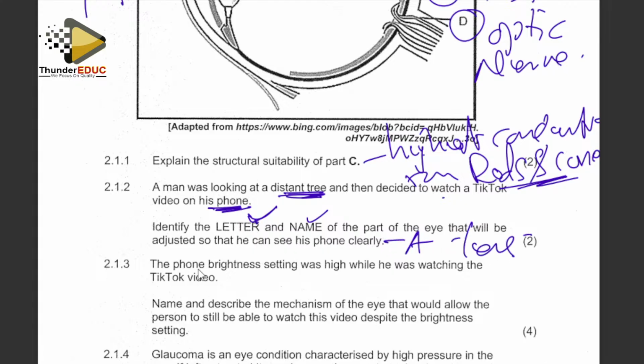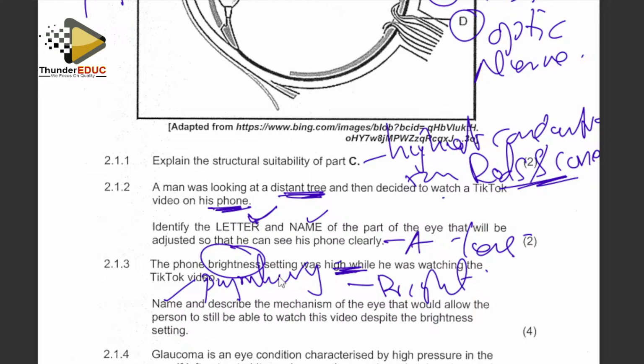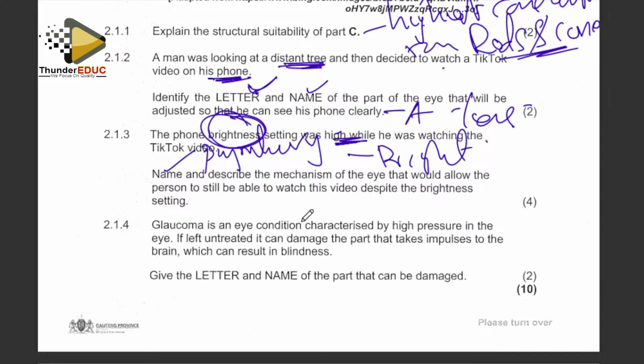You see? The phone brightness setting was high, meaning too much light, while he was watching TikTok. Name the process. We call it the pupillary mechanism. And then they're asking you to describe the mechanism in bright light. So remember, we said that in bright light, we don't mix things up.